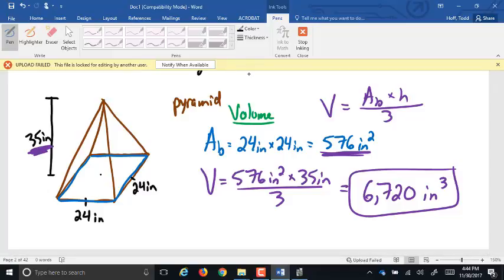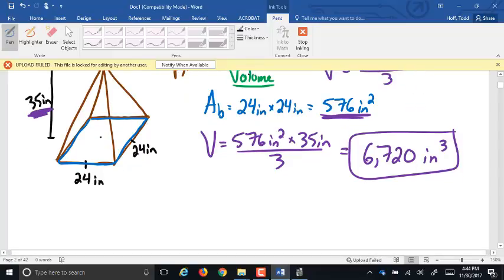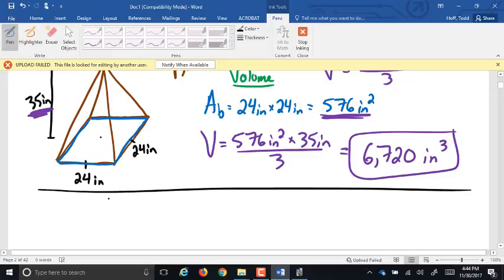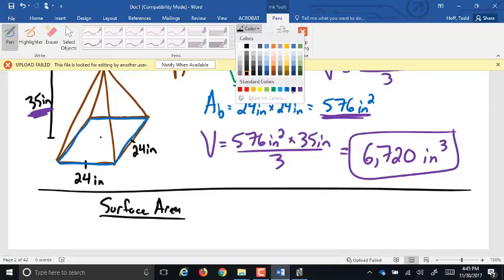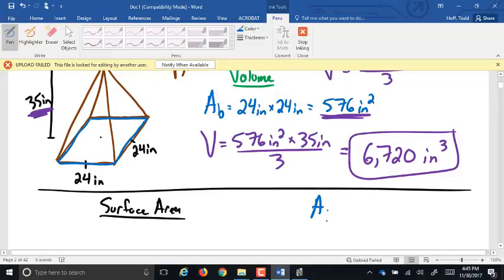For surface area. We still have the area of the base, 576 inches squared. But there is only one base here now, just the bottom. There isn't a base on the top anymore.